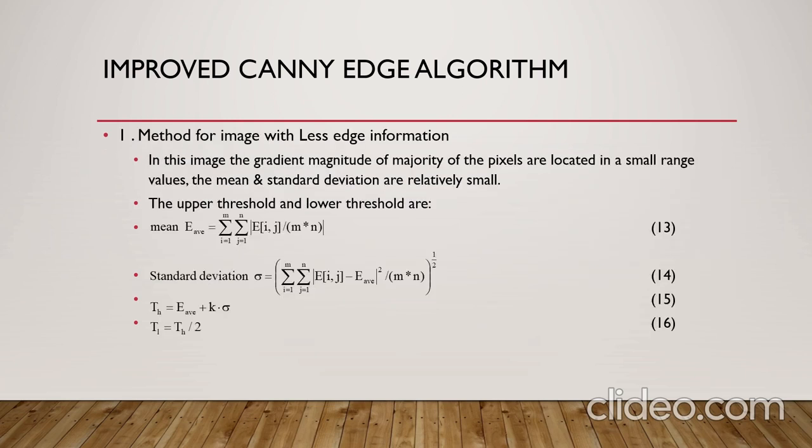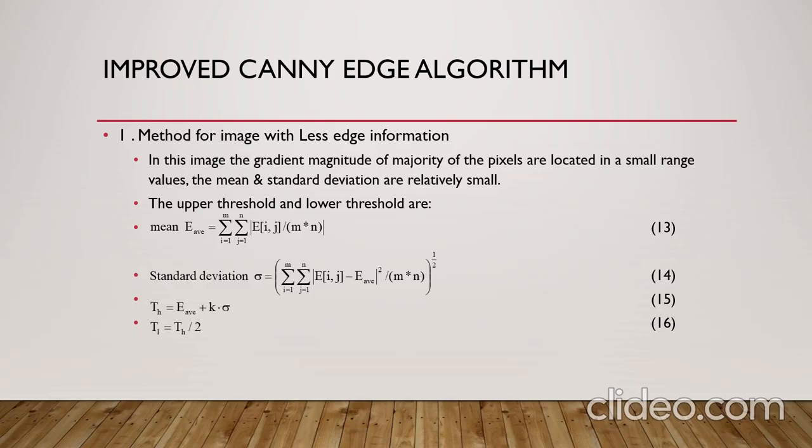The first one is the threshold selection method for images with less edge information. In this image, the gradient magnitude of the majority of the pixels is located in a small range of values, so the mean and standard deviation are relatively small. The upper and lower threshold values can be found through the mean and standard deviation.